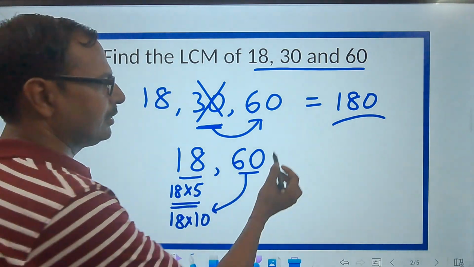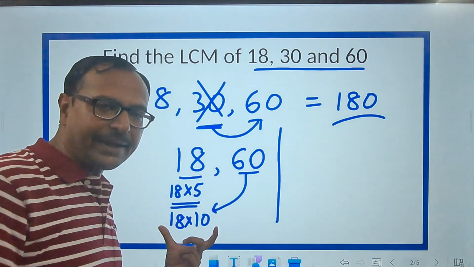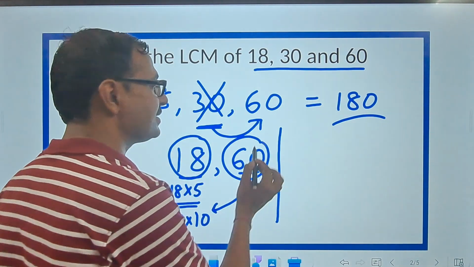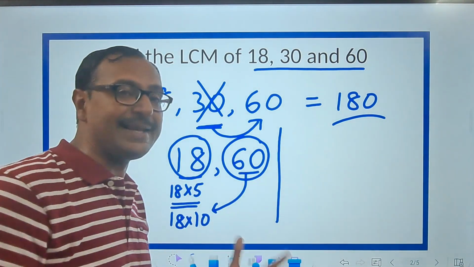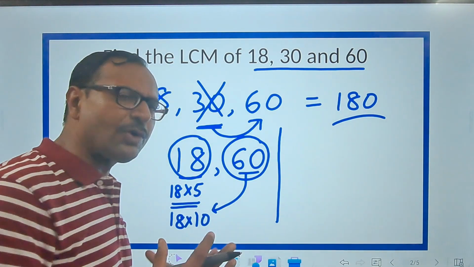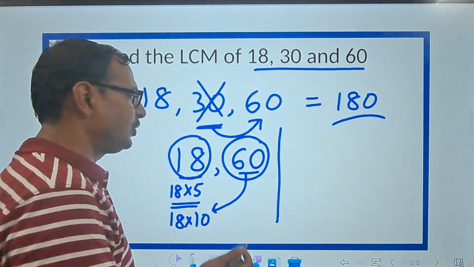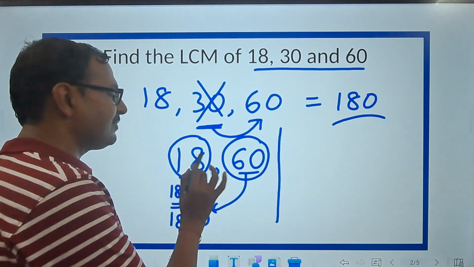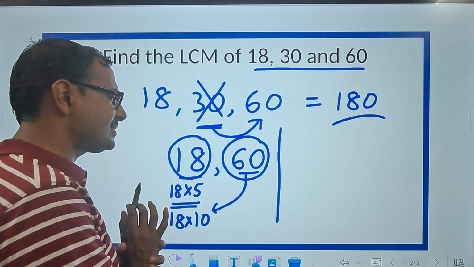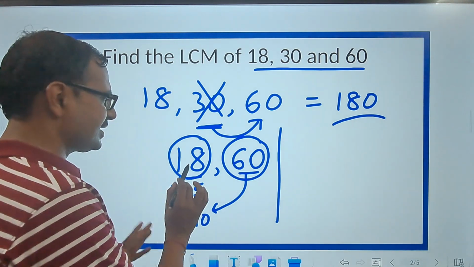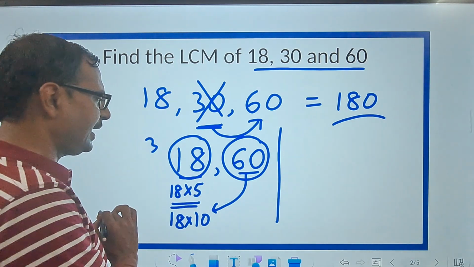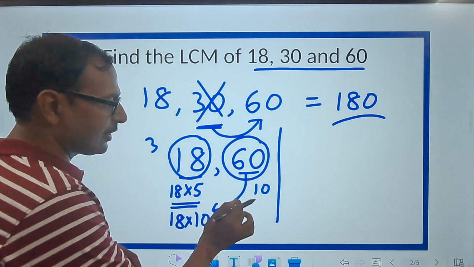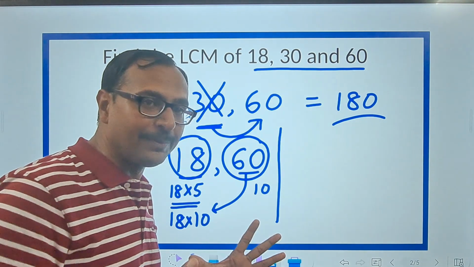Another very important way through which you can get to 180. If you can't think like that, this number is ending in 0, so the LCM has to end in 0, then think of the highest common factor. Can you identify a number which divides 18 and 60? I can see 6. 6 3s are 18 and 6 10s are 60, and 3 and 10 are not divisible by any common number.